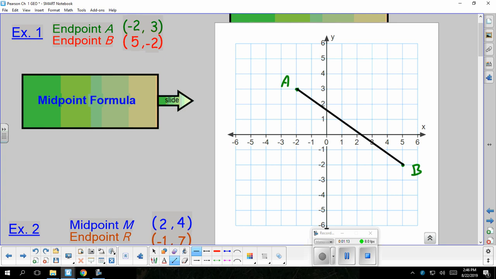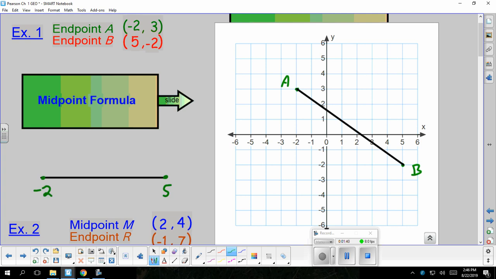So first, let's go ahead and discuss what a midpoint actually is. The middle point, if I'm looking at a horizontal segment, say something like this, where I have on a number line 5 over here and -2 over here, right?